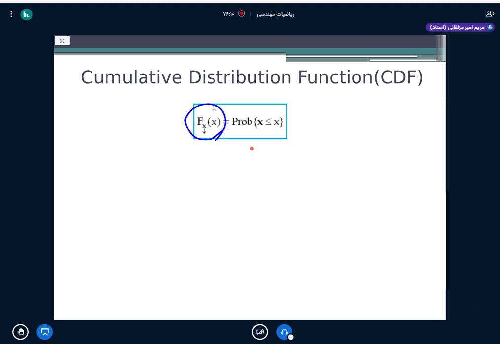So the CDF at every point specifies for us the probability that our random variable is less than or equal to this value.